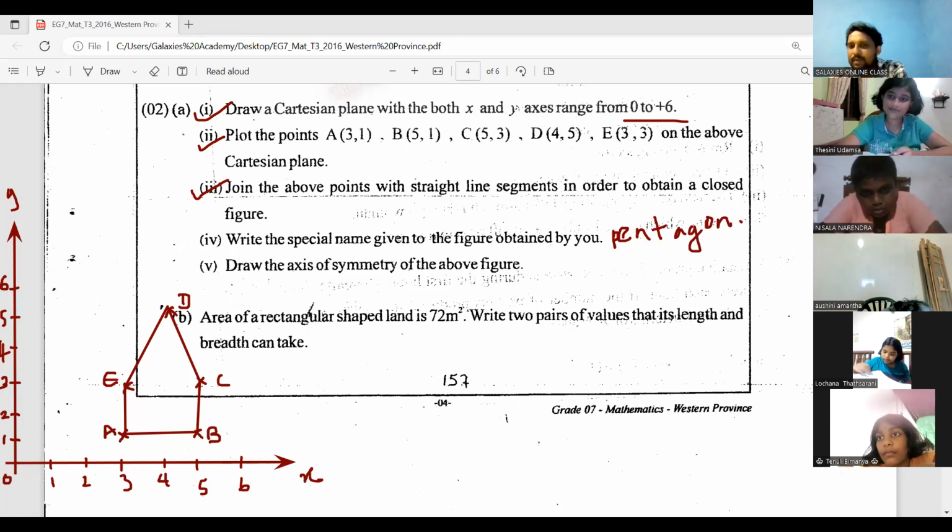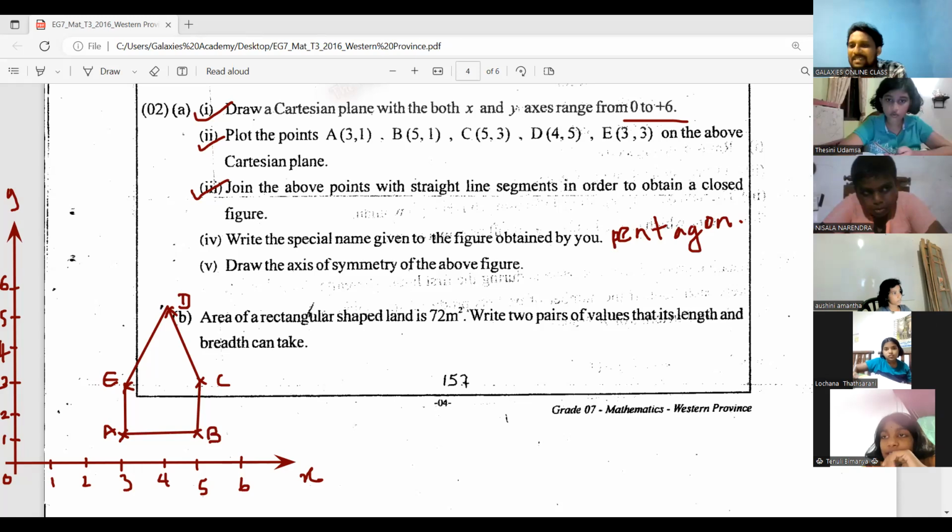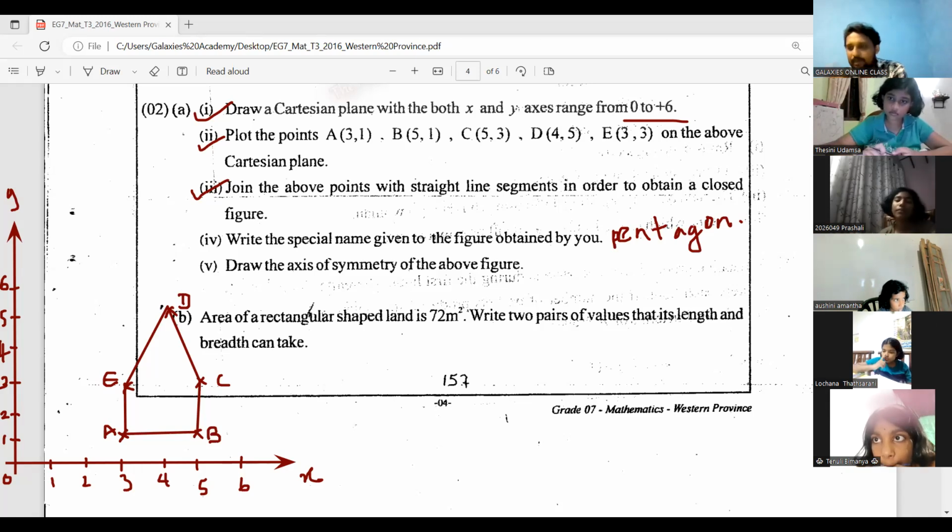If a polygon has 4 sides, what's the name? What is the name of the polygon? Quadrilateral. Okay, quadrilateral. If a polygon has 4 sides, quadrilateral. 5 sides, pentagon. 6 sides, hexagon. 7 sides, heptagon.